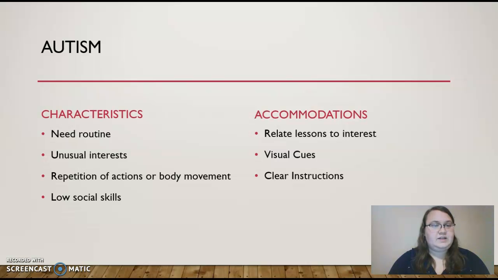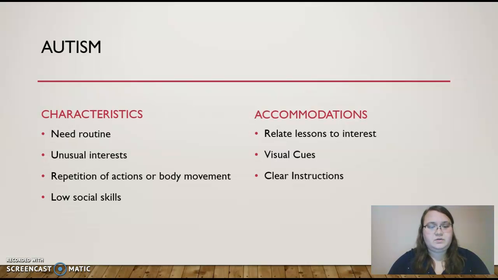Autism is characterized by needing to stay in a routine, having unusual interests, repetition of actions and body movement, along with some low social skills. Some accommodations would be relating your lesson to their interest. It makes it more exciting for them. It keeps them on track and keeps them interested.